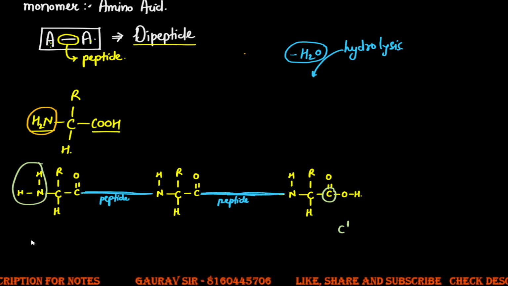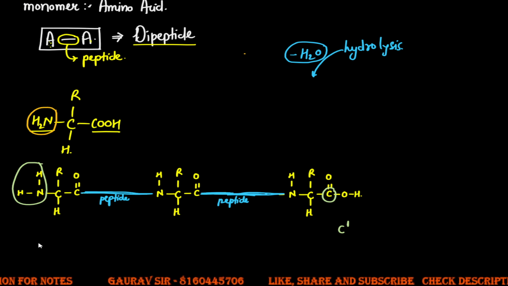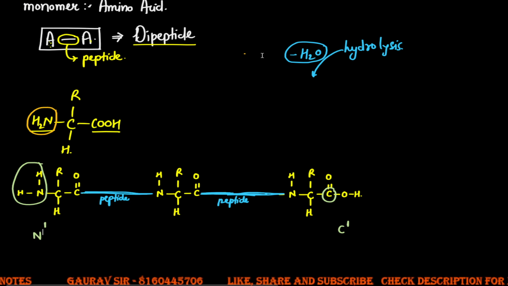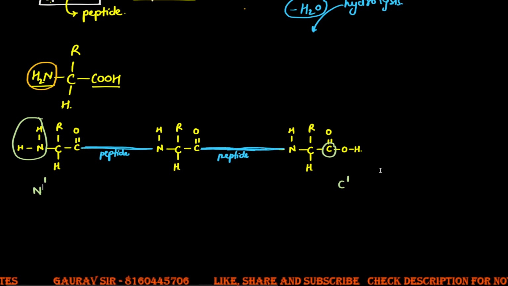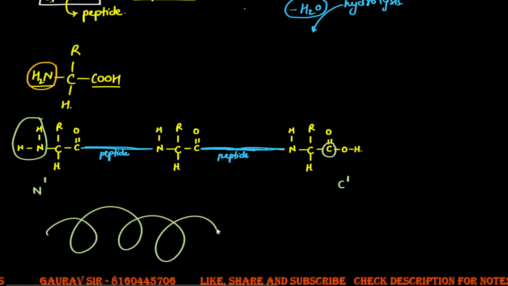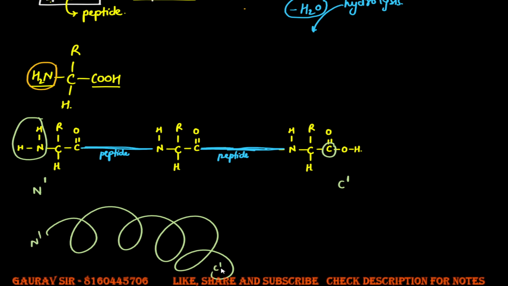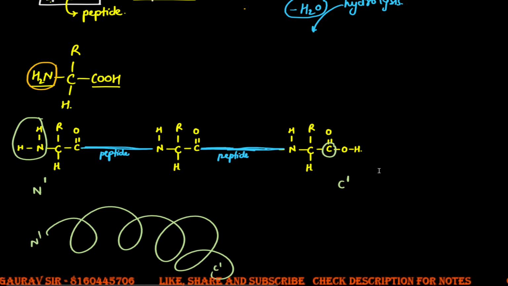So this N, the amino group, being free and available for the formation of the bond, will be called N prime. You will come across structures of proteins with a helix where you will find N prime and C prime. We need not worry about what this N prime and C prime are.